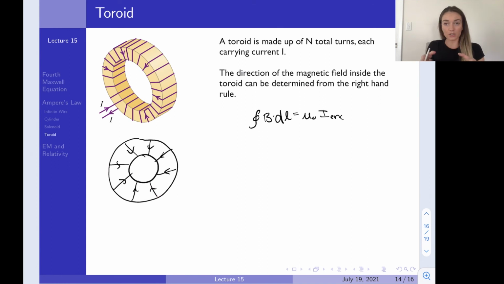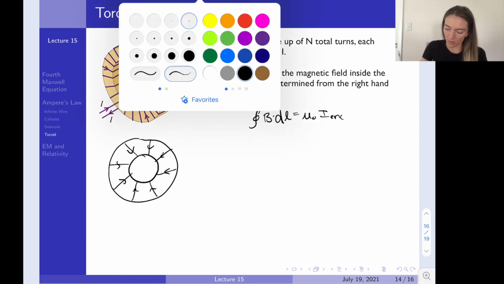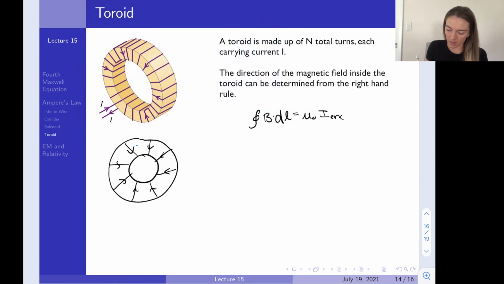So when we're looking straight down at it, the current is going in this way. I'm going to draw my Amperian loop around this way in my toroid. The reason is that I know the magnetic field for a toroid is going to be zero, both outside the toroid and in this little center here.